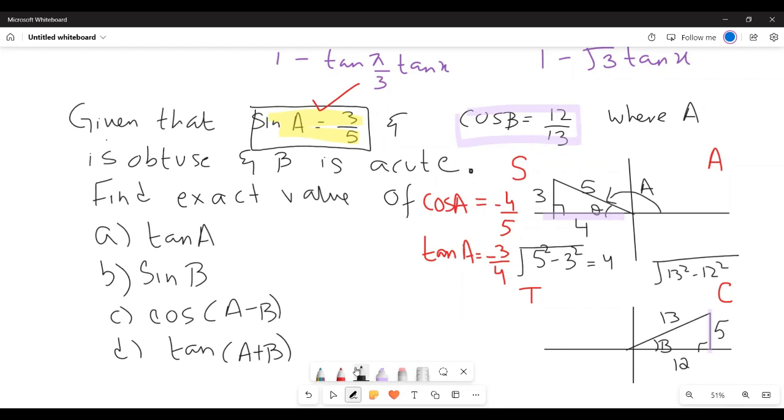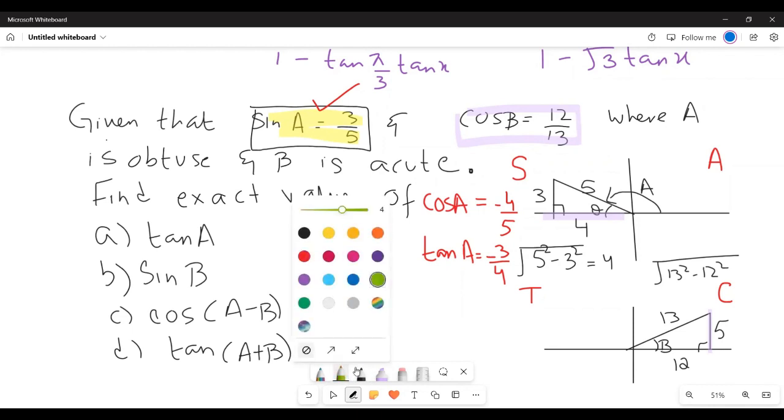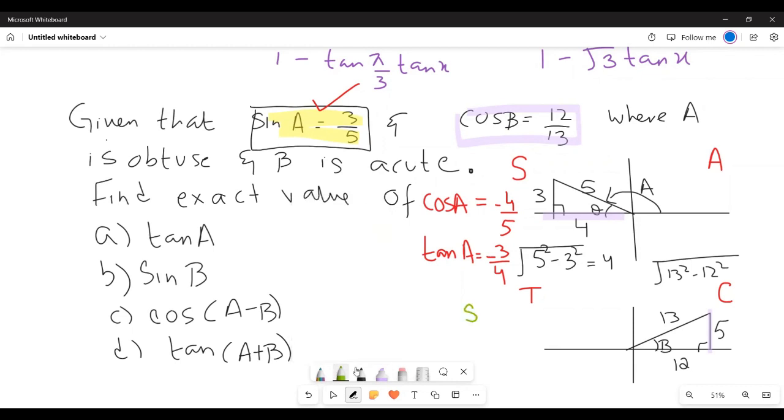So now we know that cos B is 12 over 13, already given in the question. Sin B would be perpendicular over hypotenuse, or opposite over hypotenuse, and tan B would be perpendicular over base, 5 over 12.